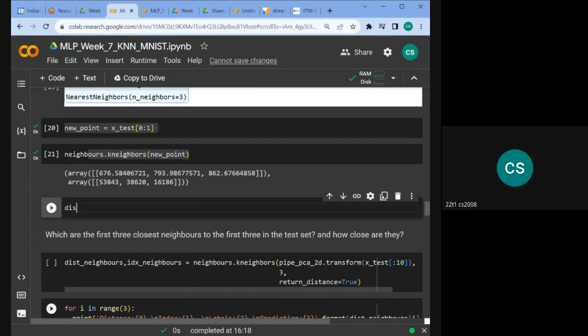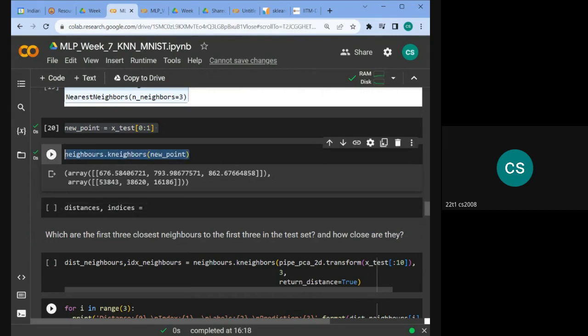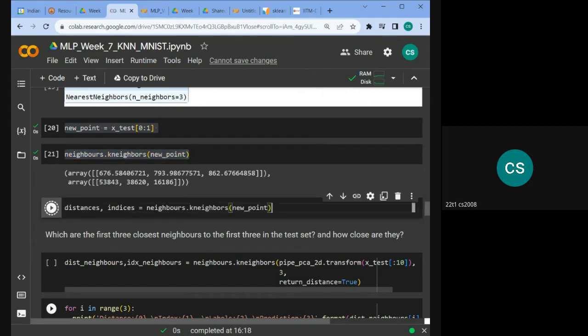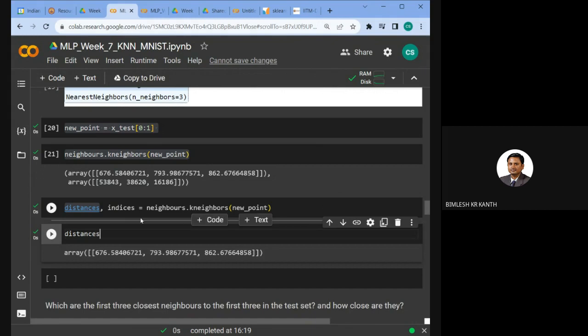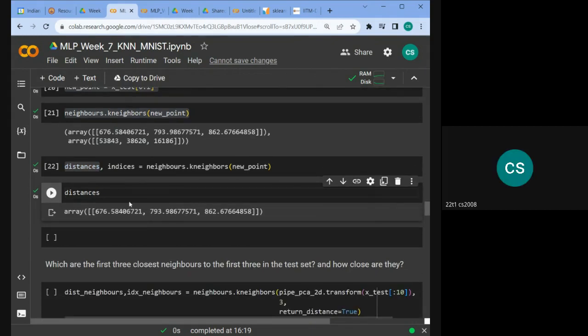So I'm getting distances, right? And this array is the index. We can really write something like this also. So it gives a tuple of distances and indices. Correct. So which one is the nearest point to it?